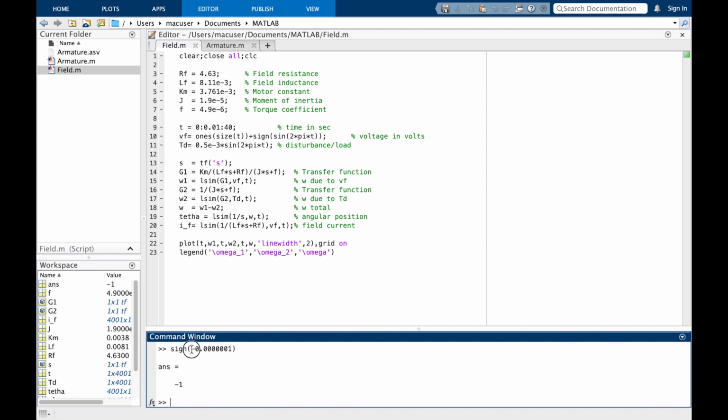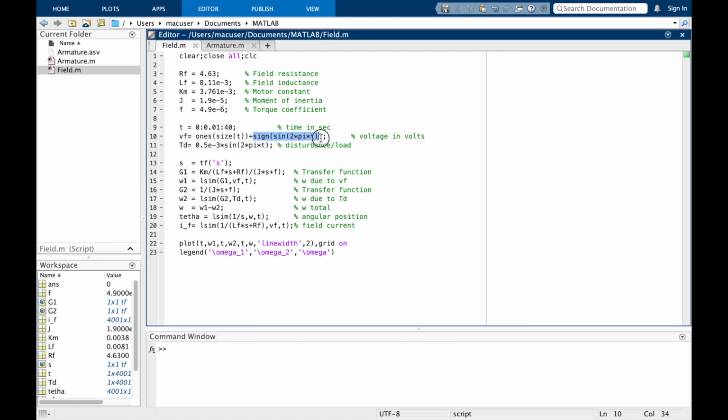If it is positive, the result is plus 1. For example, any positive number inside the bracket results in 1. So the output is just minus 1 or 1. What about 0? If it is 0, the sign is 0.